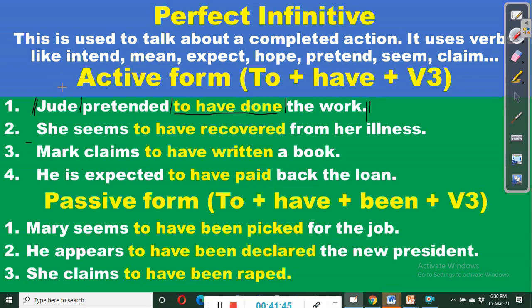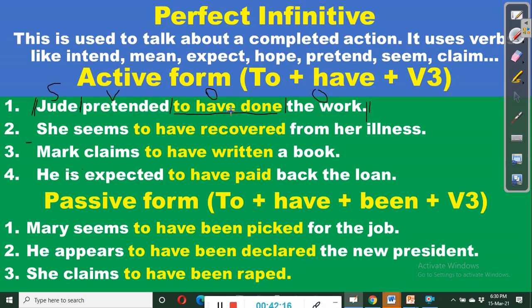Now, Jude is the subject of this sentence. Pretended is the verb. To have done, of course, is the object. And the work is also another object. All right, so we have direct and indirect objects here. Jude pretended to have done the work.